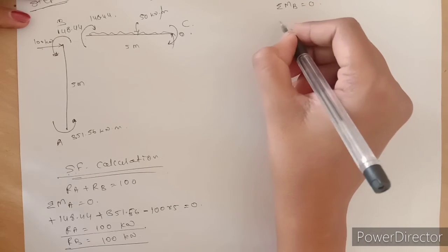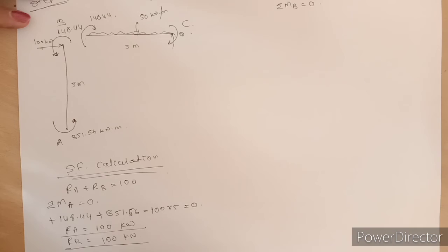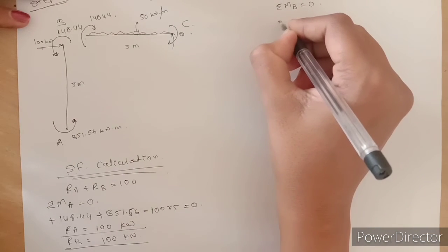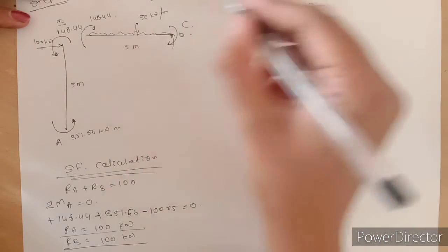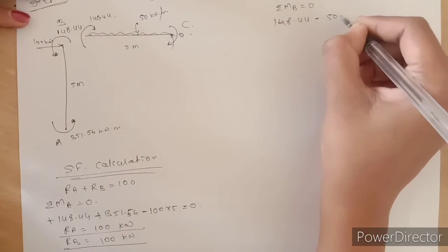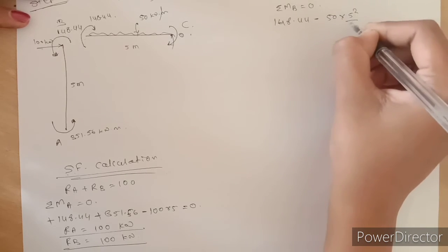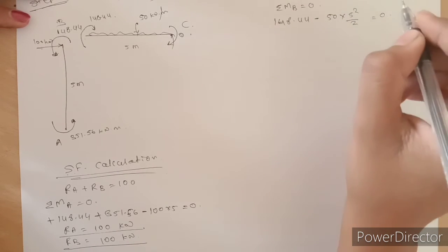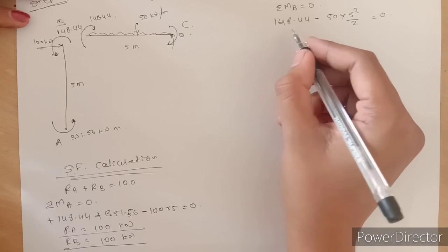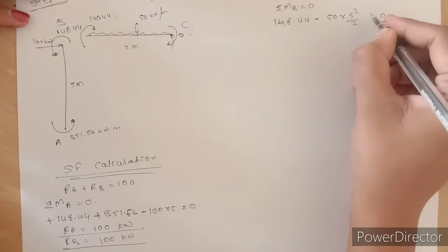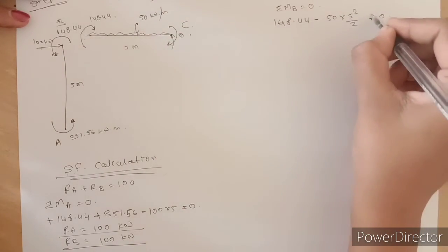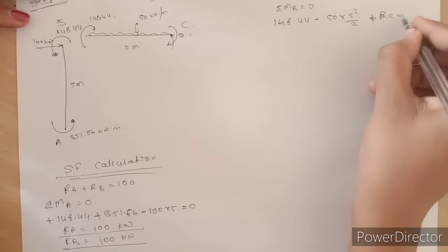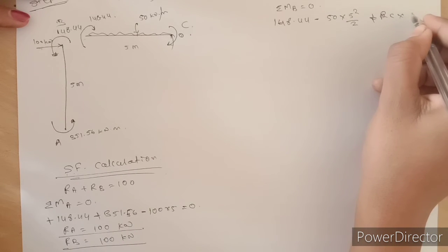First the moment 148.44 minus 50 multiplied by 5 square divided by 2, plus RC multiplied by the total distance of 5 meter.